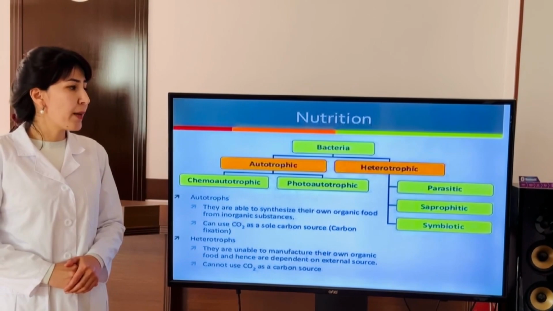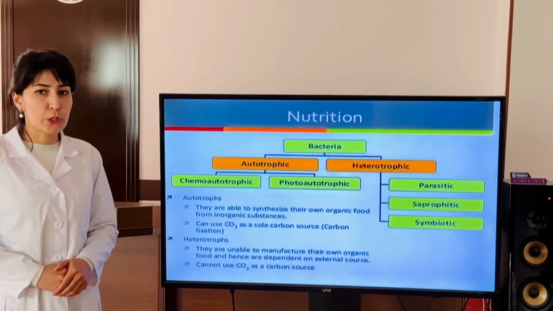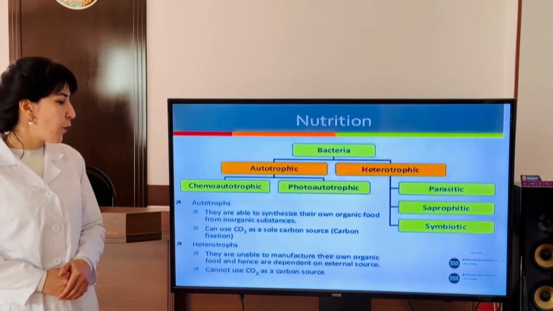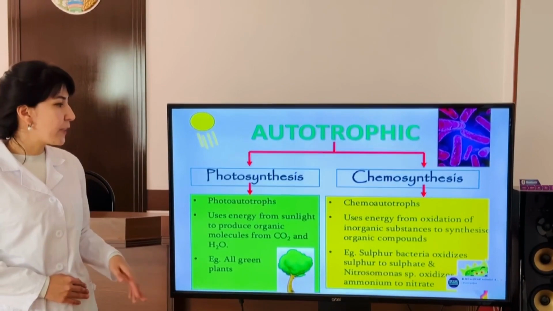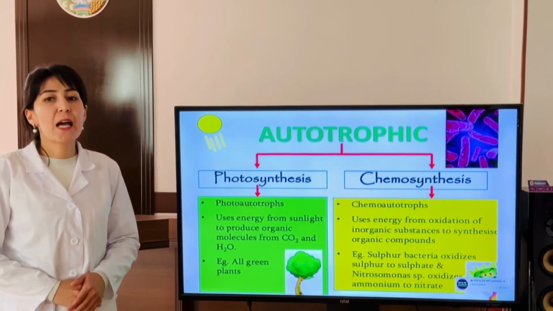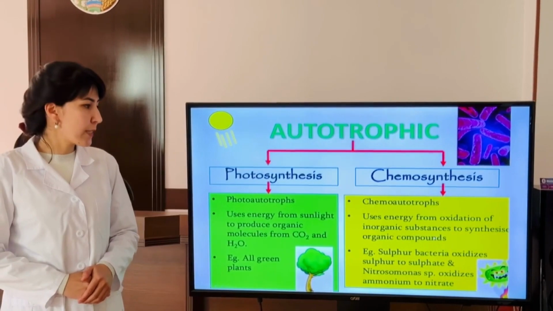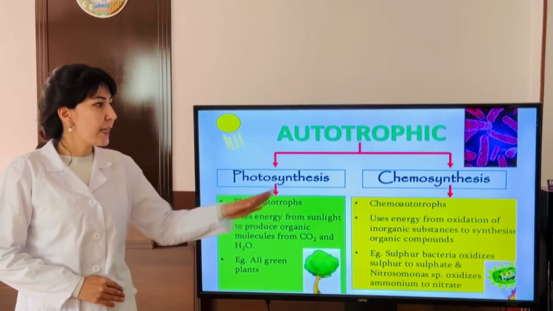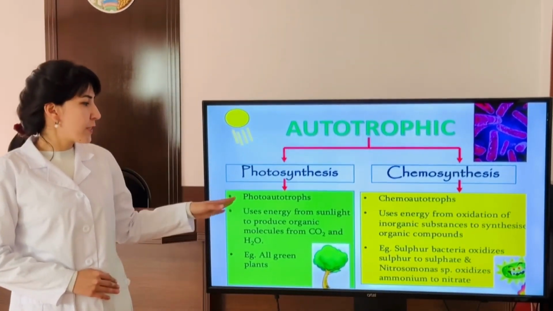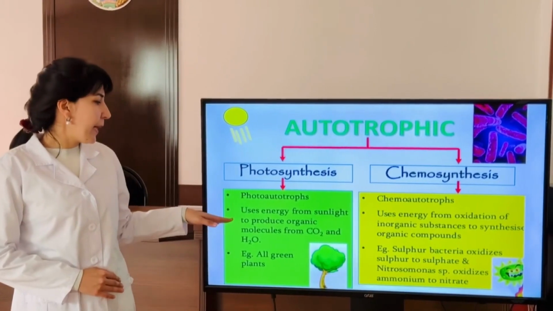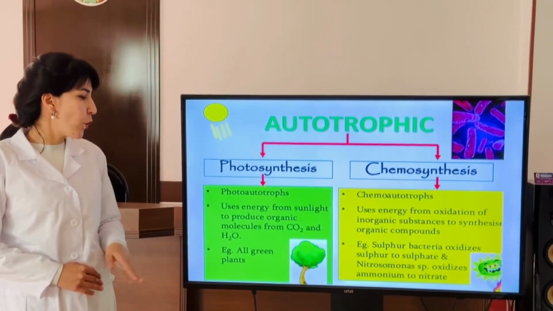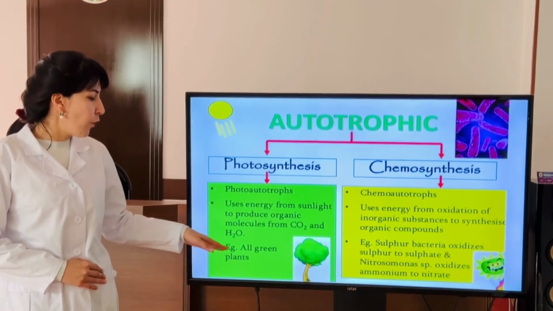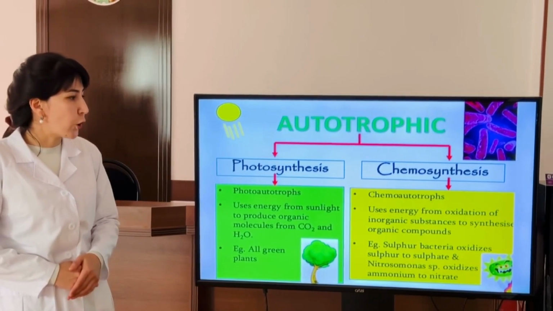Heterotrophs are divided into parasites, saprophytes, and symbionts. Autotrophs are able to synthesize their own organic food from inorganic substances and can use carbon dioxide. Autotrophs are divided into two subgroups, photosynthesis and chemosynthesis. Photoautotrophs use energy from sunlight to produce organic molecules from carbon dioxide and water, which all growing plants depend on.